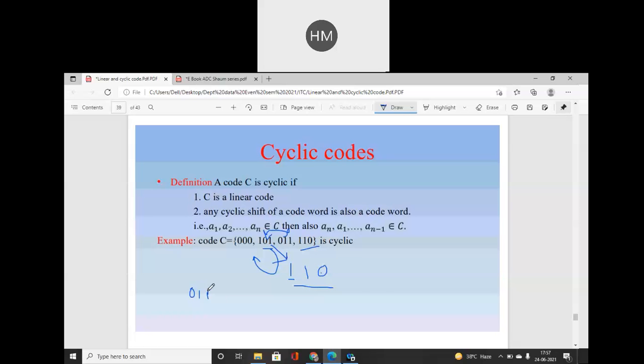Now apply left shift to this code. What will be the answer? Everyone is getting the same. We are getting 110. So is it already present in the list? Yes, it is present.